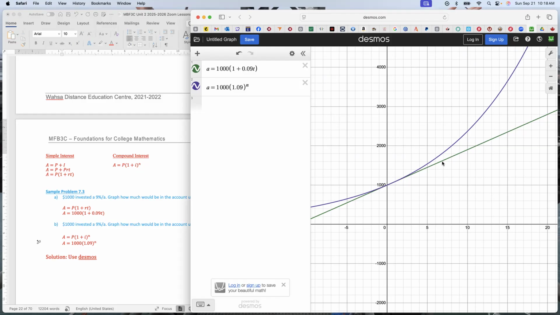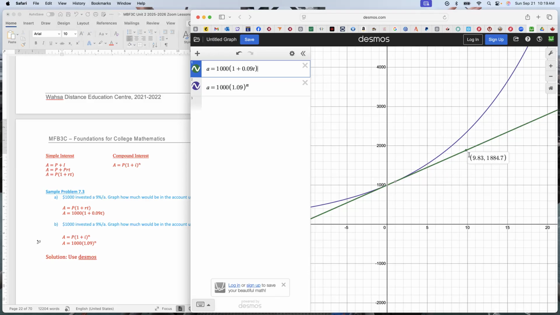You can see that after 5 years, simple interest would be 1450, but in compound interest, it's going to be more.